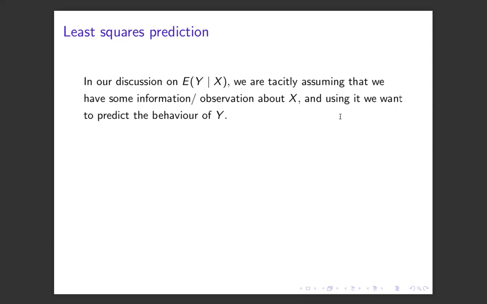Based on that, what can you say about y? If you consider this as a random variable, this amounts to making some kind of prediction about y, that is, the expected behavior of y given x equal to something, or x takes a value somewhere.